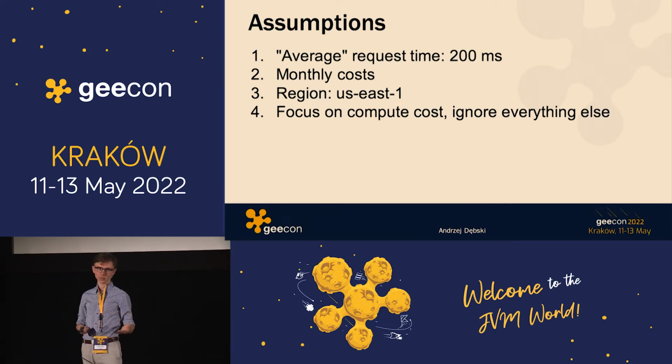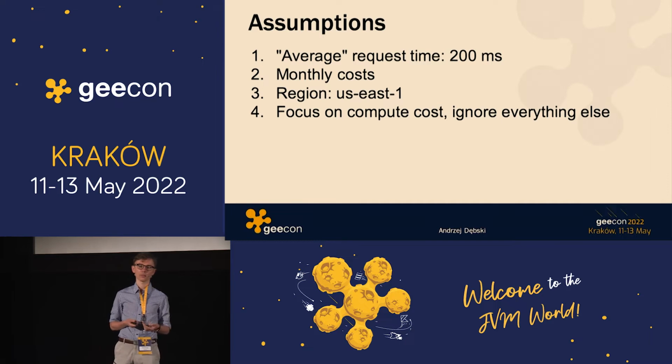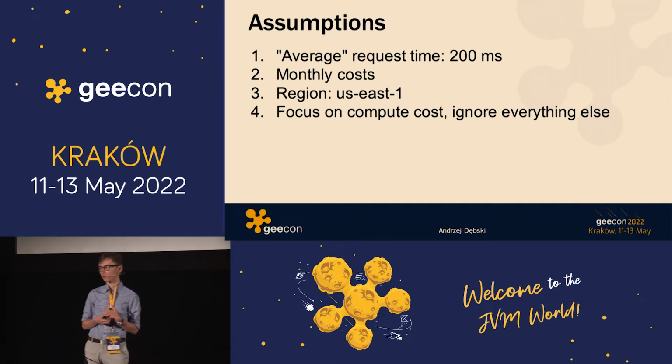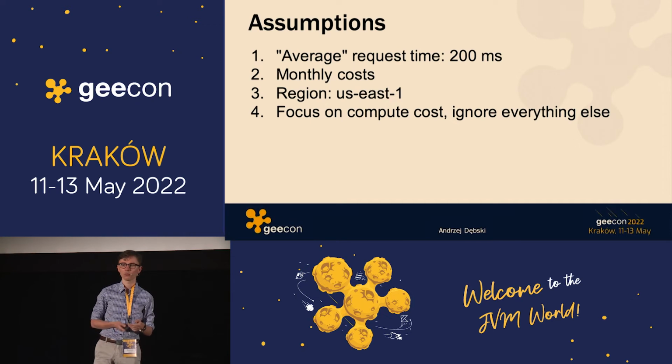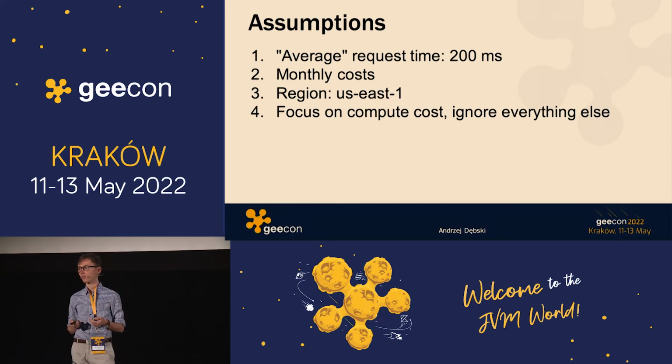I'm going to use the US East 1 region. Each region has slightly different pricing, but it shouldn't affect the conclusions we arrive at when looking at the numbers. And I'm going to focus only on the compute costs because this is a presentation about AWS Lambda, so I'm going to ignore things like egress costs of traffic from AWS and so on.